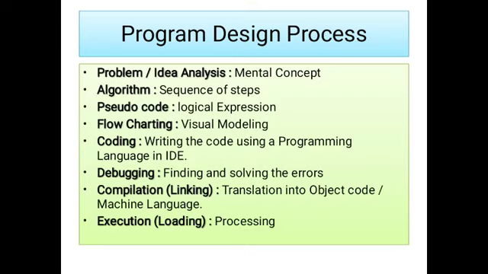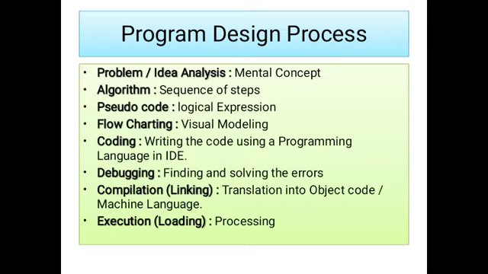Then comes algorithm designing, which is a sequence of steps that we use to approach the solution of a given problem. After that comes pseudocoding, which is a logical expression of the steps that we are going to take. This is closely related to writing the code in a programming language, but it is in a human language.